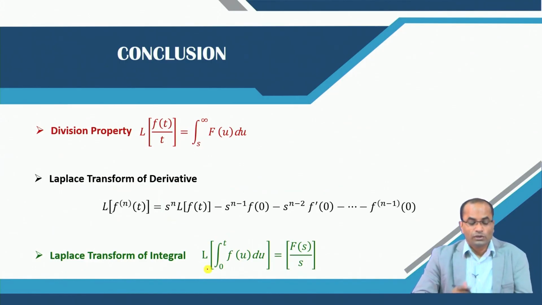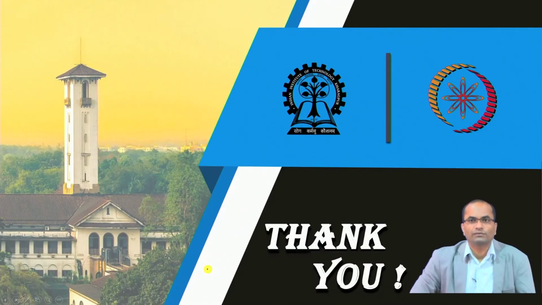So, with the help of all these properties, we have observed that the evaluation of the Laplace as well as the inverse Laplace transform of much more complex functions becomes easier. So, we will continue with some more properties in the last lecture, and that is all for this lecture. I thank you for your attention.